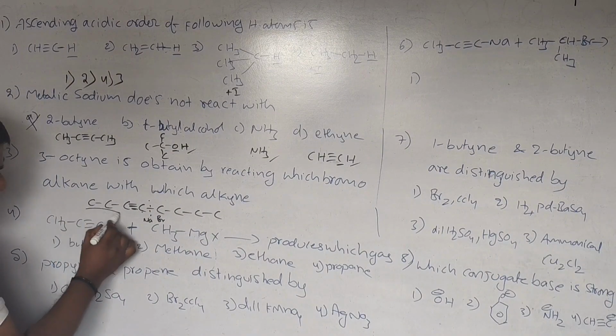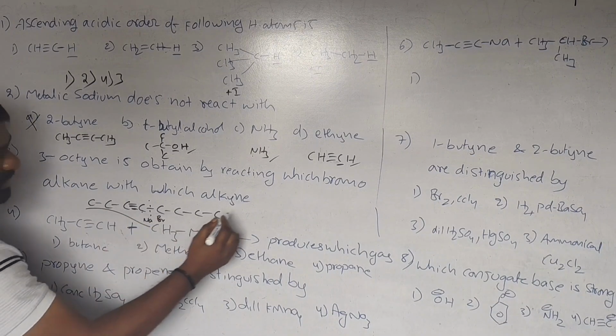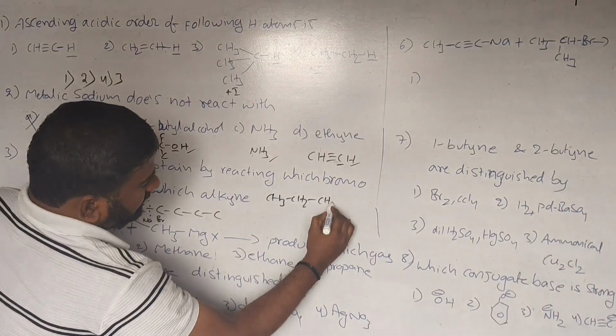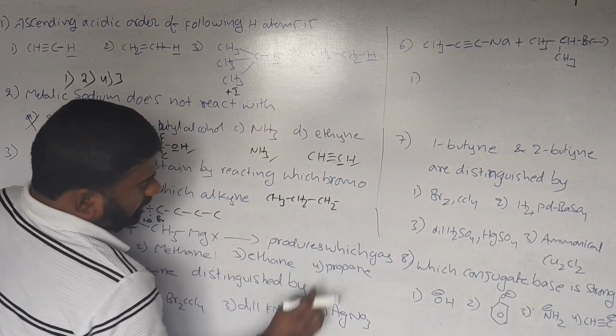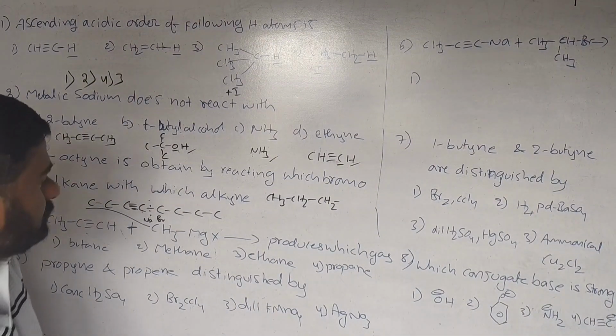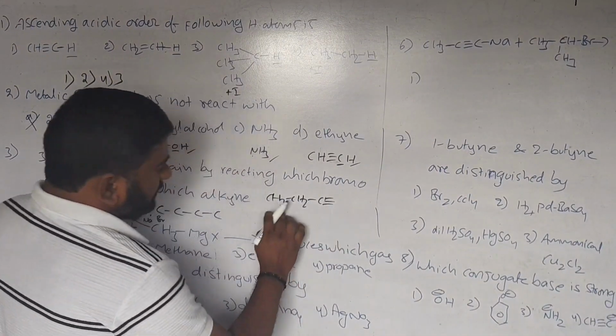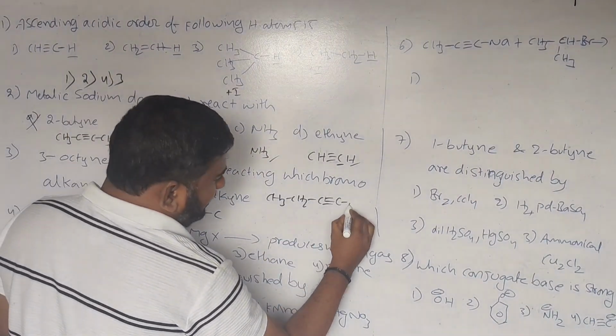This alkynide, a 4 carbon alkynide, means CH3, CH2, C triple bond C Na.